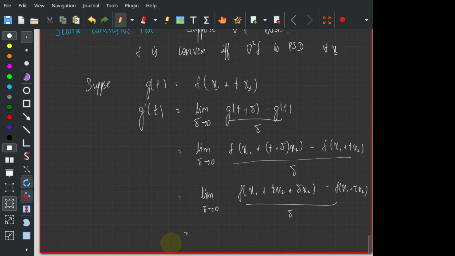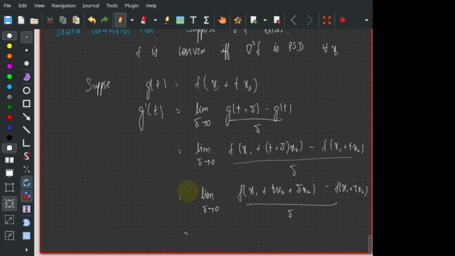What is this equal to? So always remember, if you have a multivariate function f, and you have f of x plus delta times y minus f of x divided by delta, as delta tends to 0, this tends to the inner product between the gradient and y, right? The coefficient of the term multiplying the delta.